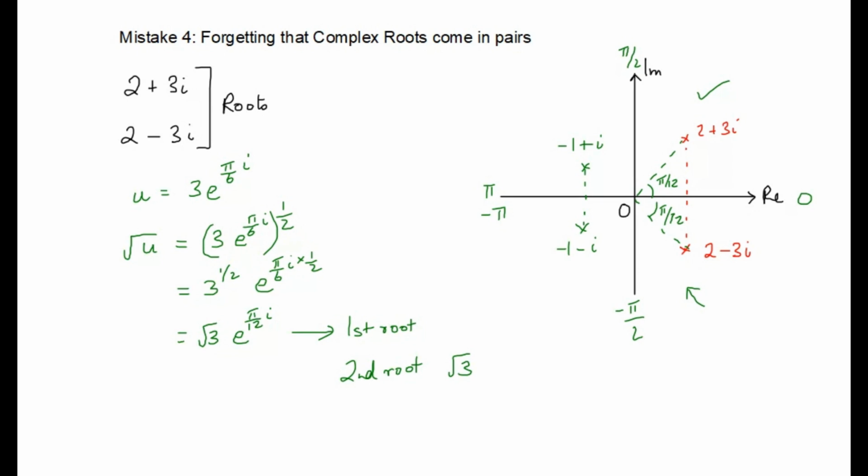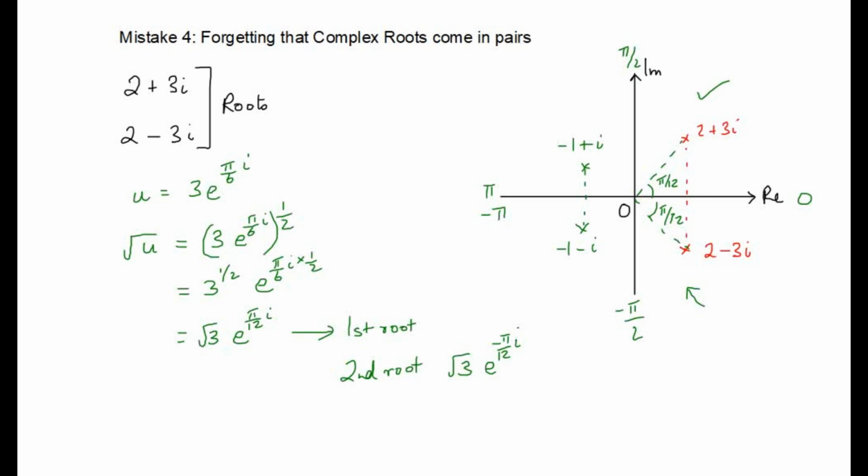So you can figure out the argument of the second root by drawing out a quick Argand diagram. So this is negative pi by 12 in the fourth quadrant. Alright, so don't forget that if one complex root is given to you, there is a second complex root which is a conjugate, and if the original complex number is given to you in exponential form, this is how you figure out the two roots of the complex number.